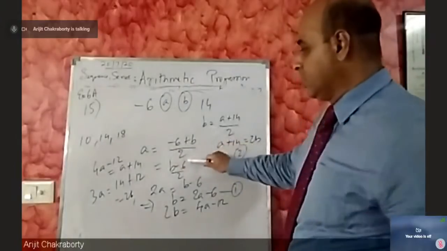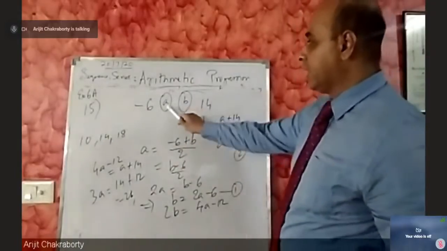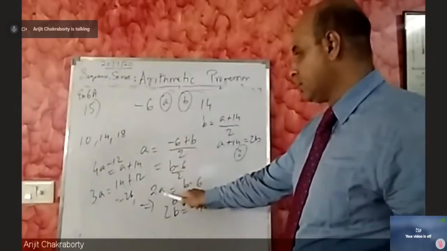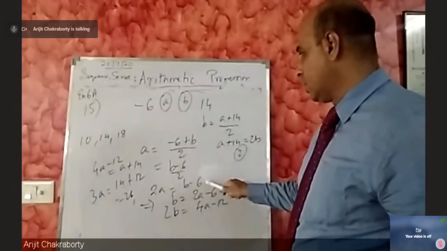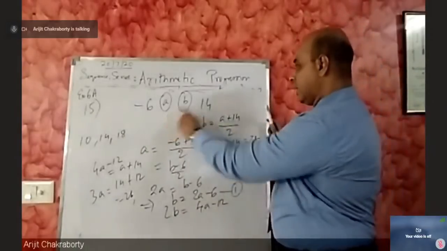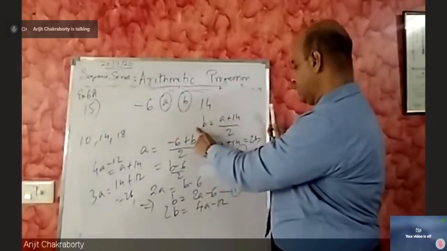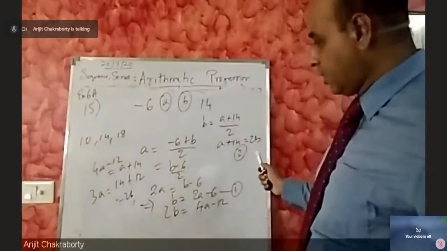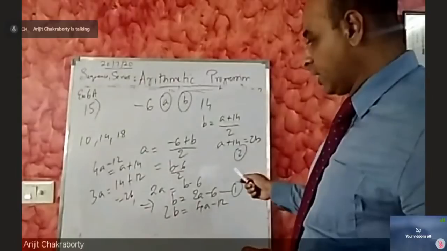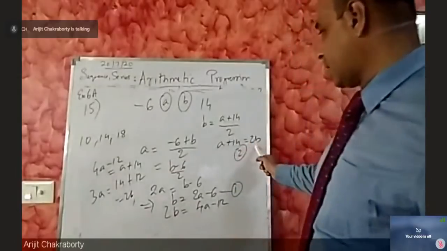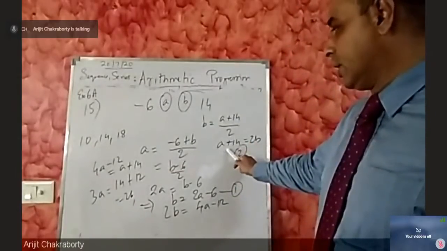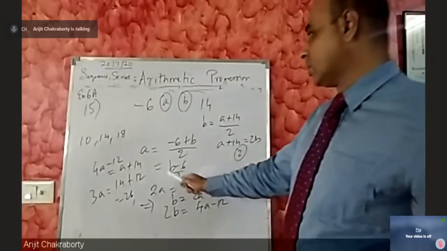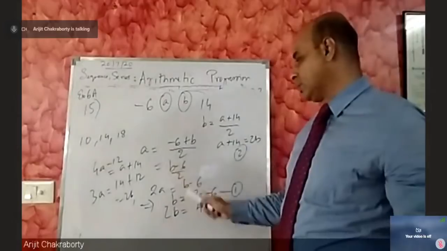So we have got B minus A is equal to B minus 6 by 2. So 2A equal to B minus 6. And here we have got A plus 14 by 2 equal to B. So 2B is equal to A plus 14. From here, if you solve, we are getting, just check, 2B equal to A plus 14. Here we are getting 2A is equal to B minus 6.